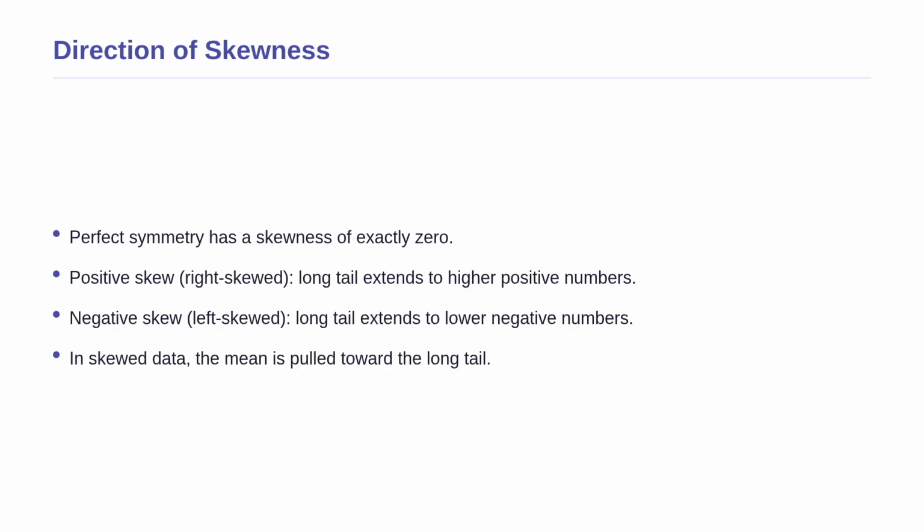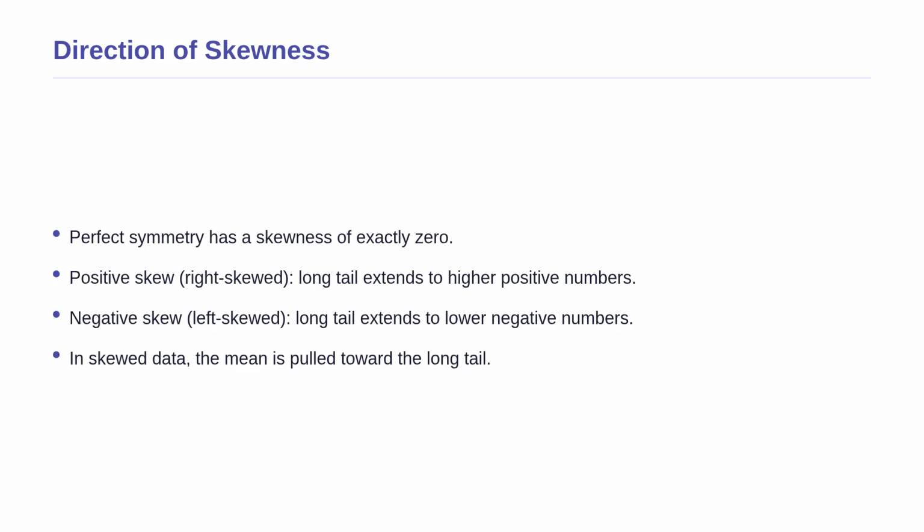Building on the idea of asymmetry, let us explore the two directions data can lean. If a distribution is perfectly symmetrical, its skewness is exactly zero, meaning the mean, median, and mode all fall at the exact same central point. But when data has a positive skew, or is right-skewed, it means there is a long tail extending towards the higher numbers on the right side.